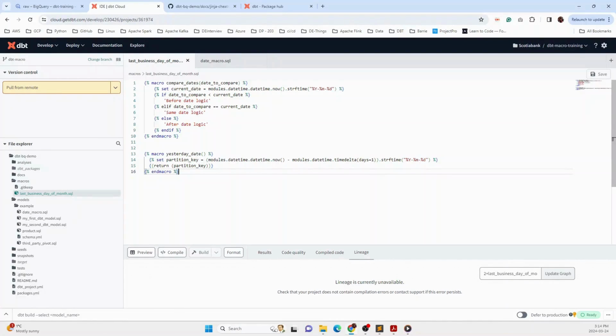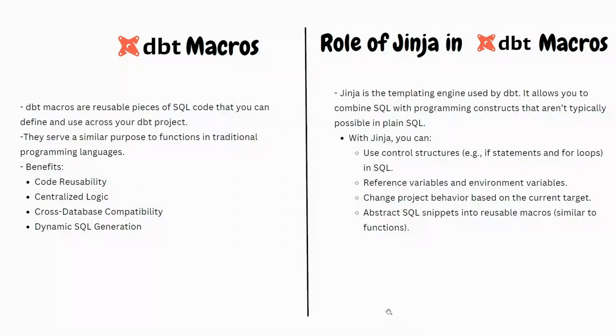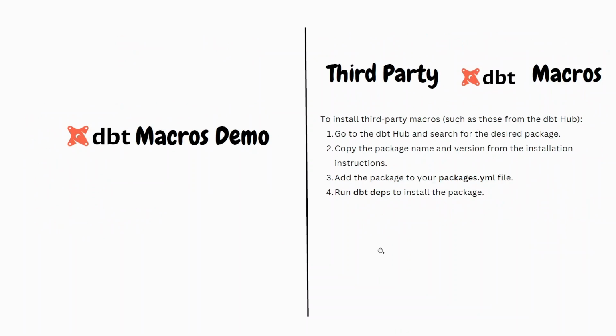We'll see that later. Now let's jump to the last topic, that is third-party dbt macros. So far what we have seen is we create our own macros and we can use them. But in dbt, we can literally install third-party macros, and that basically goes back to we don't want to reinvent the wheel again and again.